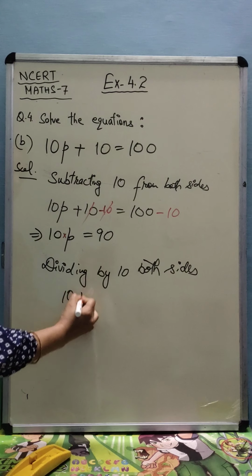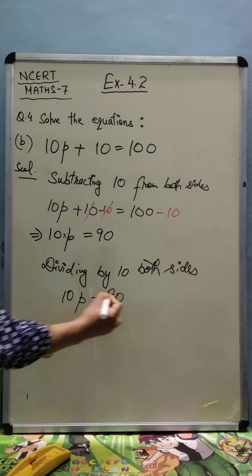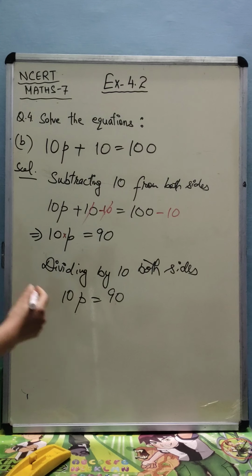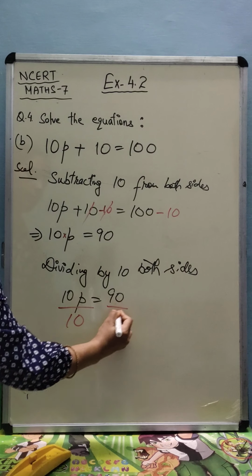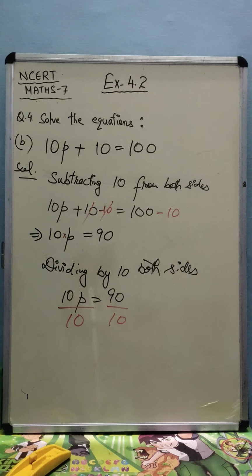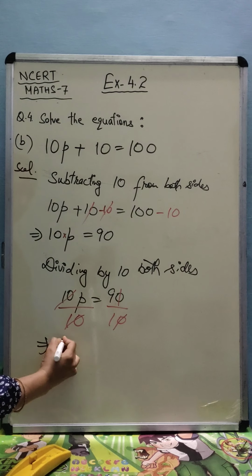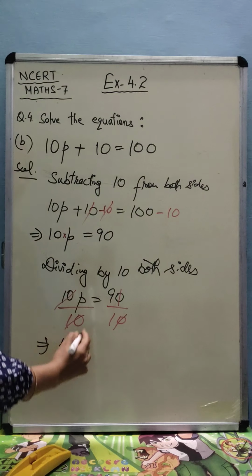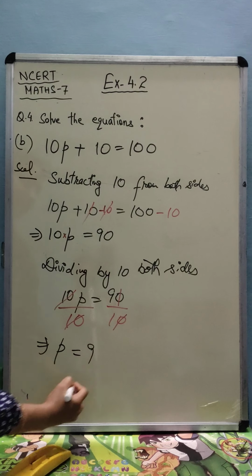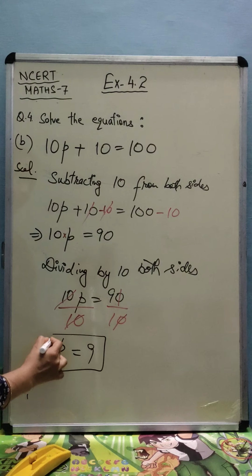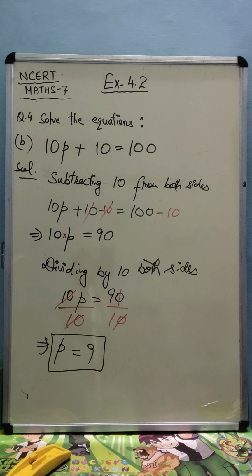The equation was 10p is equal to 90. If we divide by 10 both the sides, how much will we get? This 10 and this 10 will cancel, and then this 0 and 0 will cancel. So LHS is p only left, and RHS we have 9. So the value of p is 9.